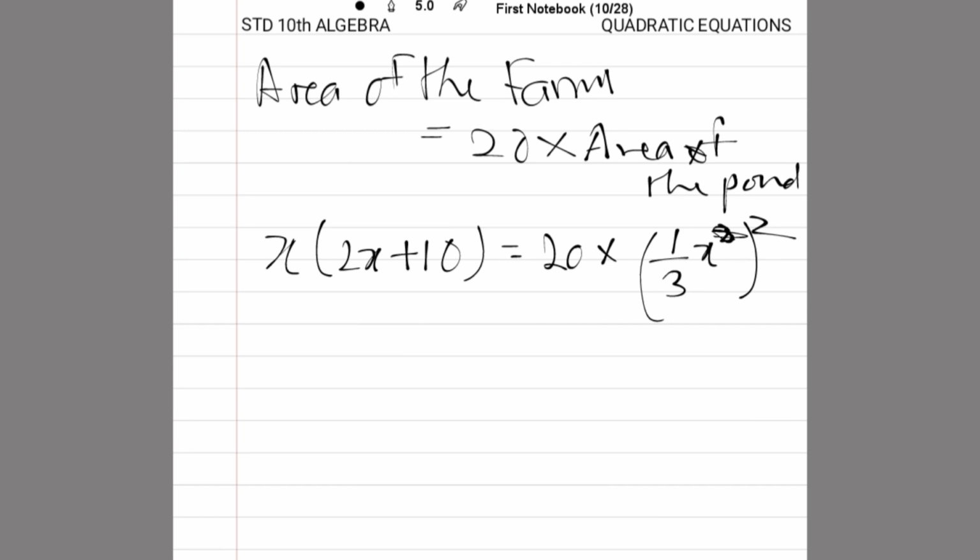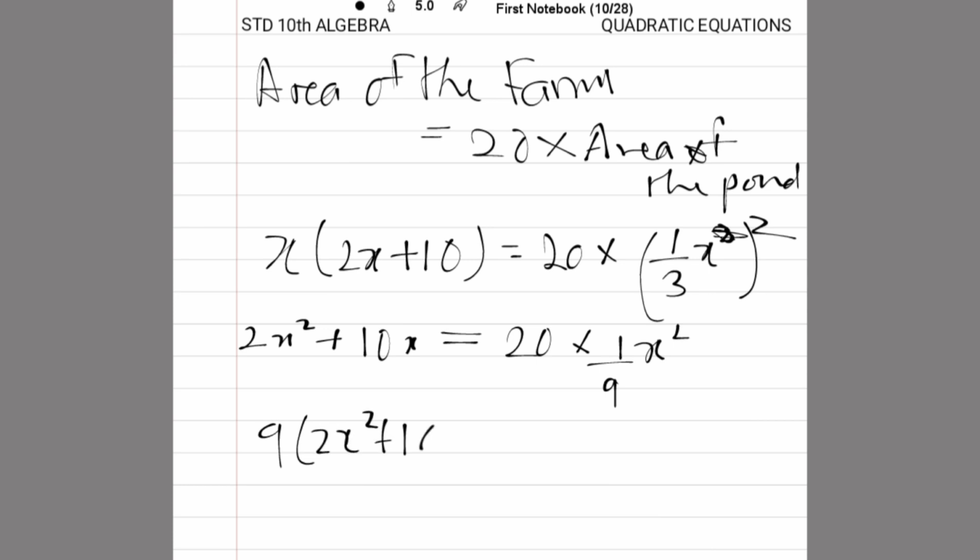Now we will just multiply these terms. What we will get is x into 2x, that is 2x square plus 10x. This side is sorted. Next is the 20 into 1 by 3 whole square, which will be 1 by 9 into x square, right? So we will just take this 9 on the other side. What we will get is 9 into 2x square plus 10x is equal to 20x square, right?